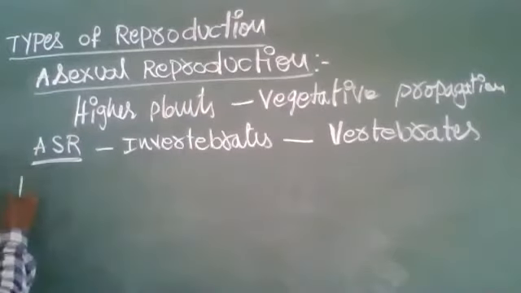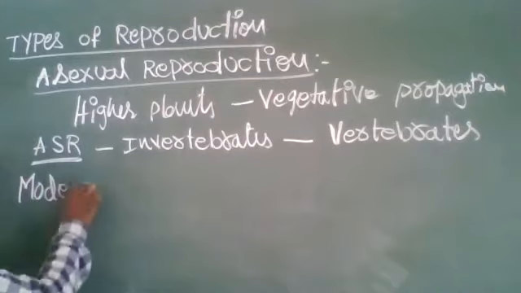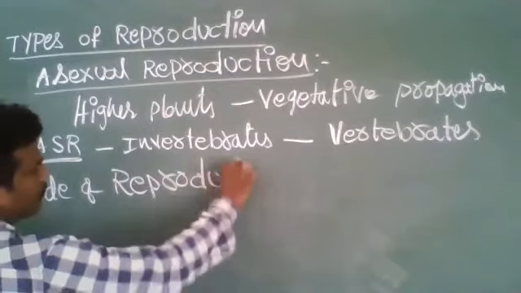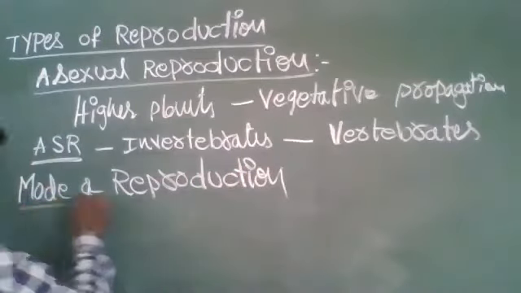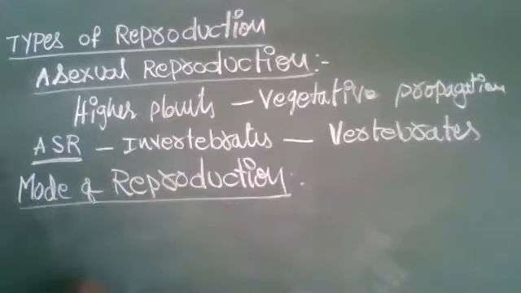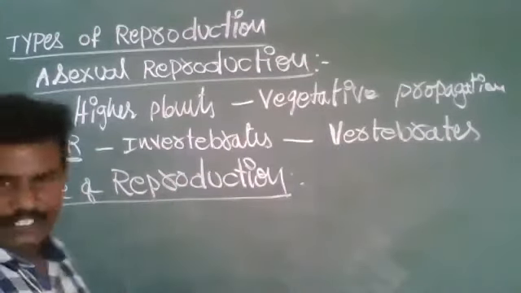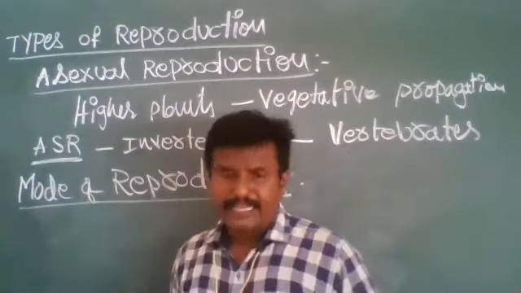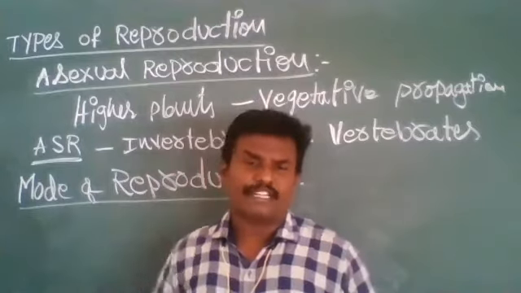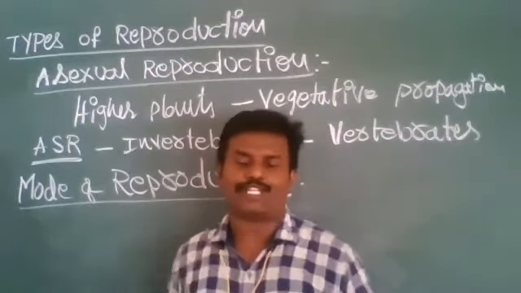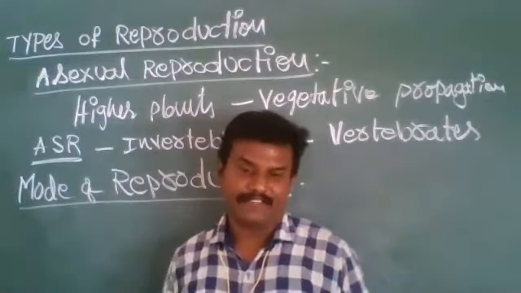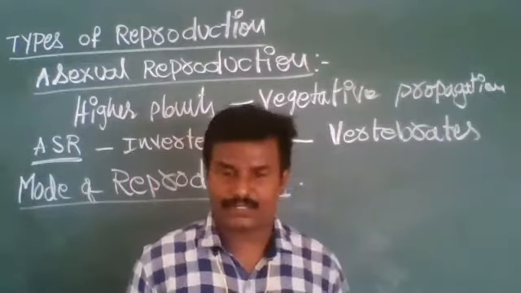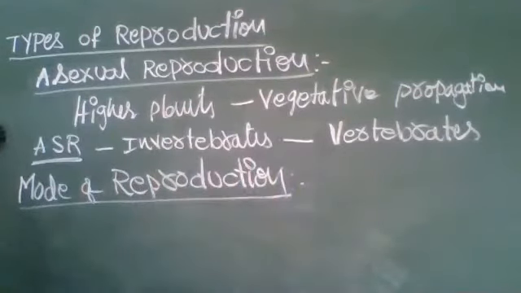Next, mode of asexual reproduction. Generally, mode of asexual reproduction means how asexual reproduction takes place in various ways. You studied this already in the first chapter of first PUC. Asexual reproduction occurs by various means.